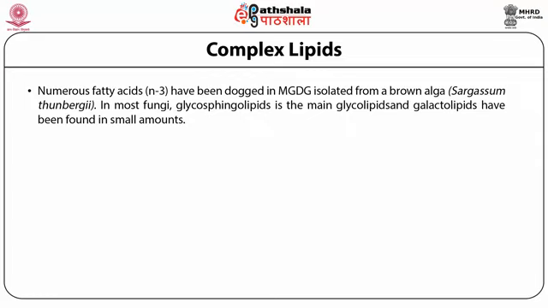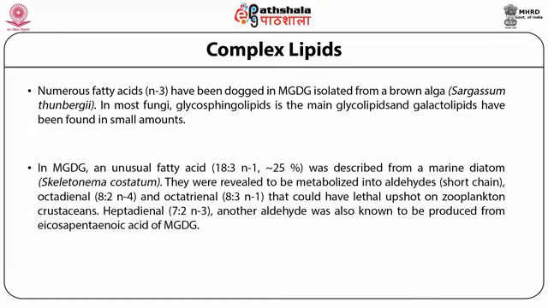In most fungi, glycosphingolipids are the main glycolipids, and galactolipids have been found in small amounts. In monogalactosyl diacylglycerol, an unusual fatty acid was described from a marine diatom, Skeletonema costatum.